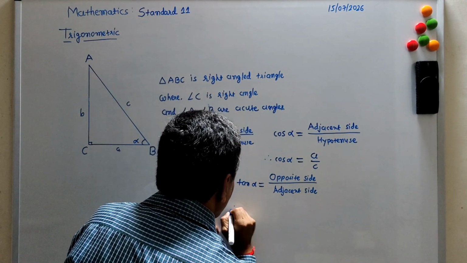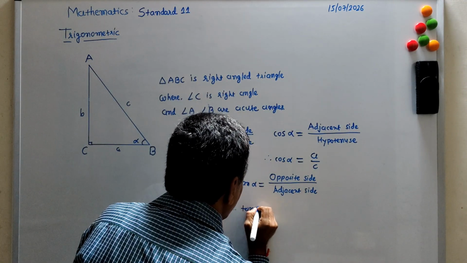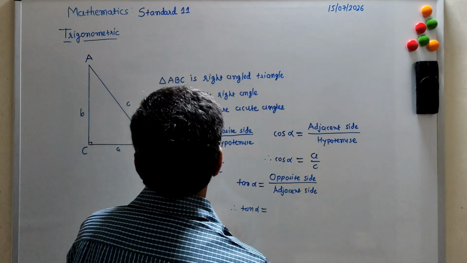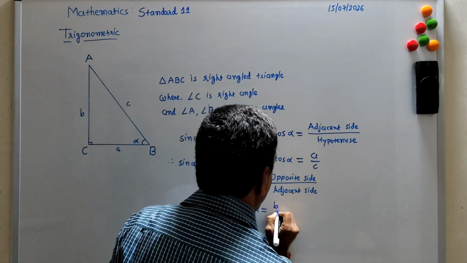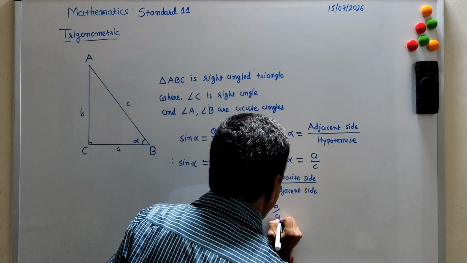So therefore tan alpha is equal to B by A.